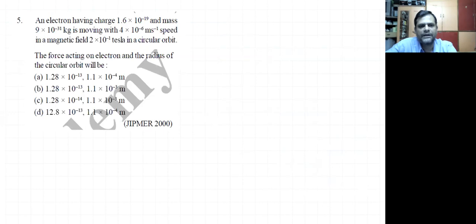An electron having the charge 1.6 into 10 raised to minus 19 coulomb and mass 9 into 10 raised to minus 31 kilogram is moving with 4 into 10 raised to minus 6 meter per second speed.